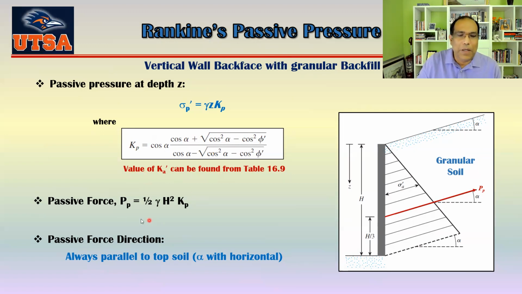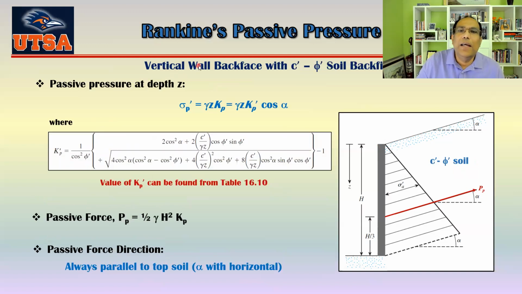Once you get your Kp, you can find your Pp, meaning the passive force, which is half gamma h squared Kp, and the passive force direction is always parallel to the topsoil, meaning alpha degree with the horizontal. You can see this is alpha degree with the horizontal. The same thing is true for the active case, that this Pa should always be parallel to this angle here.